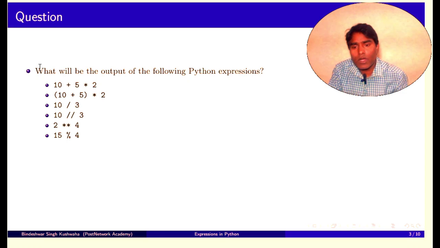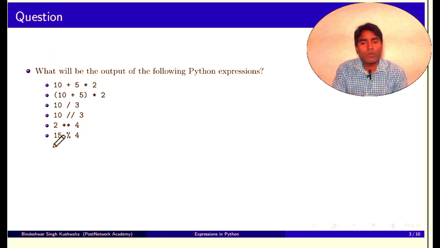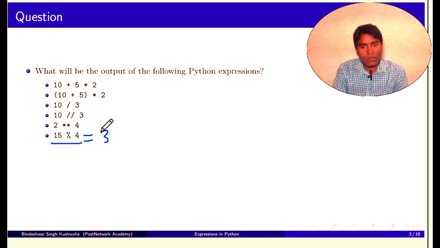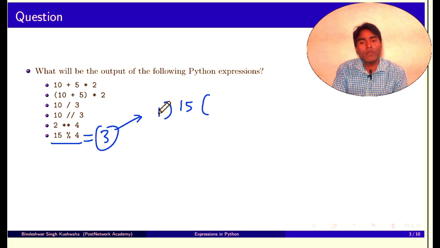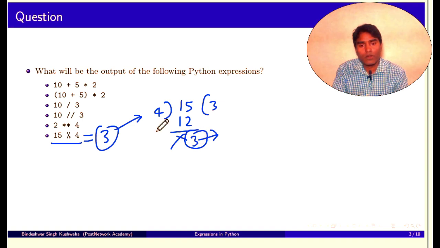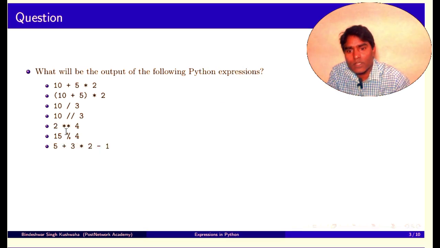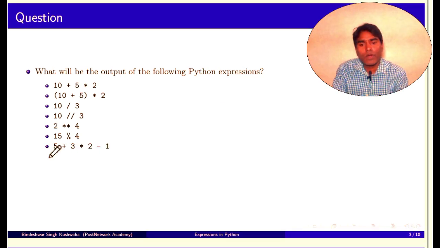Now 15 modulus 4. If you divide 15 by 4, 3 times 4 is 12, so the remainder is 3. That is the modulus operator. Now let us see another one, an expression you can easily understand: 5 plus 3 into 2 minus 1.